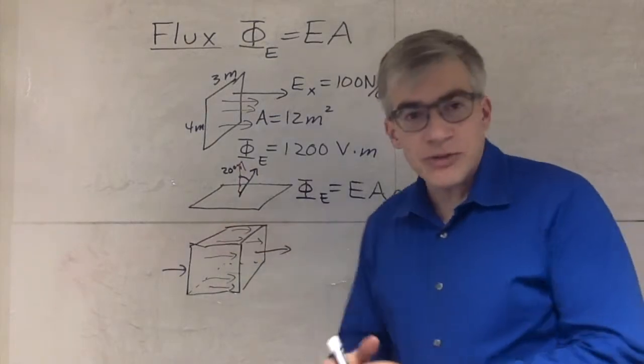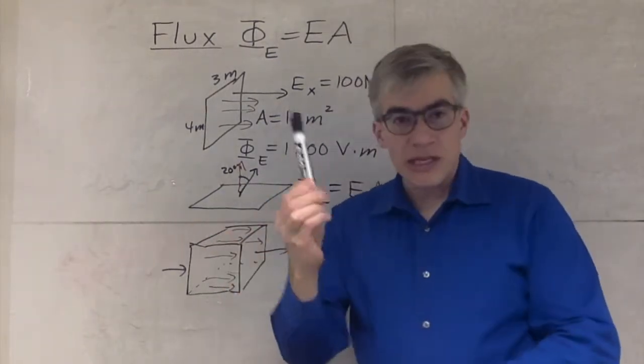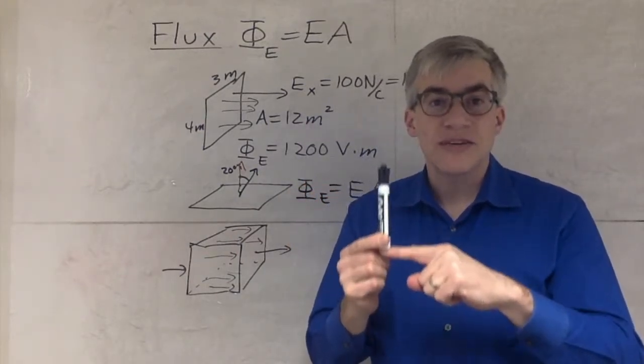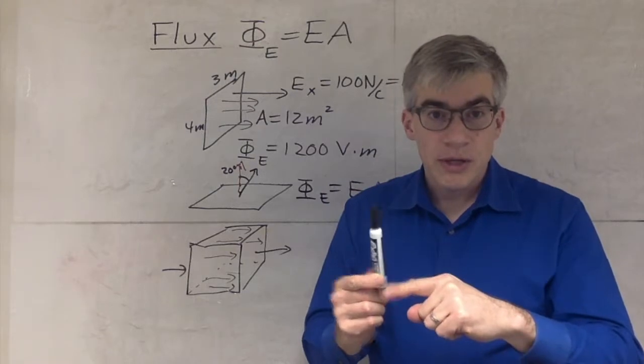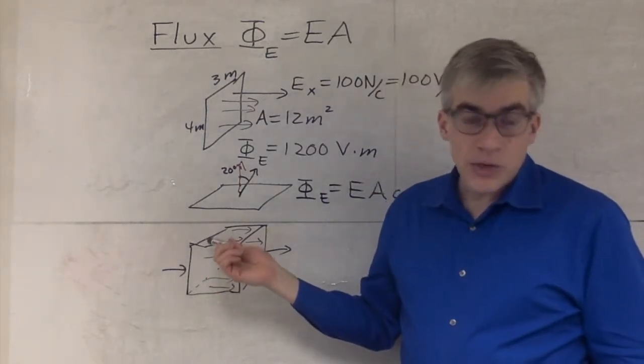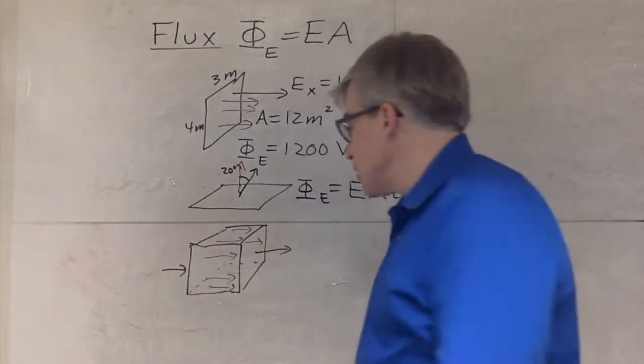But what about these vectors that are skimming along the surface? Well, if the area vector's like this and the electric field's like this, that's a 90-degree angle, and the cosine of 90 is 0. You don't have any field vectors sticking out of that or going in, so it's neither making positive nor negative flux, so it's got to be 0 flux.